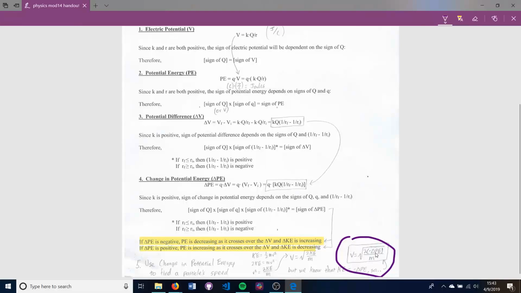So we'll do negative PE, which comes out to positive. And if PE is positive, then KE will be negative. So the negative sign will overpower the positive sign, because that's how multiplication works. Divided by the mass of the charge or the particle or whatever you're looking for. And take the square root of all that, and you'll have your answer in meters per second, because that's how you find velocity.